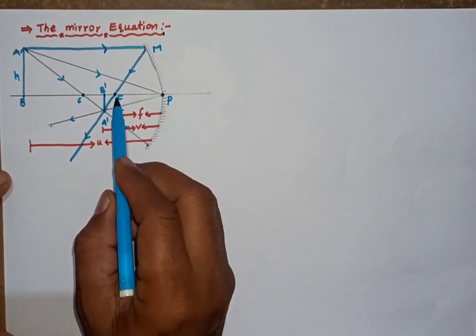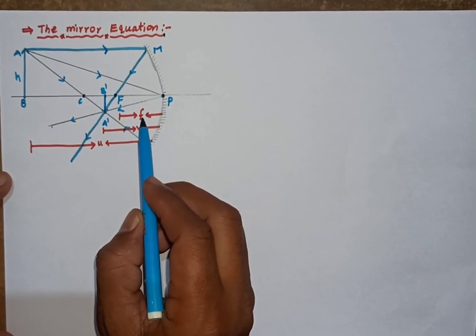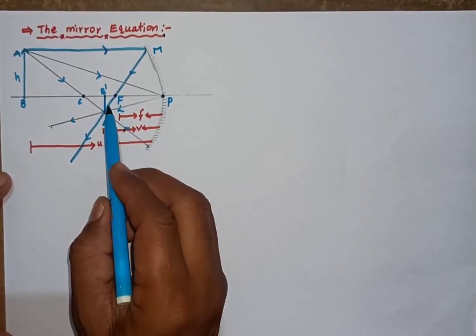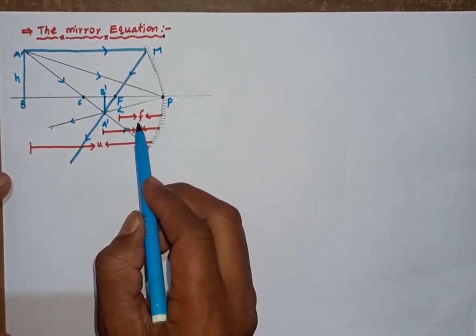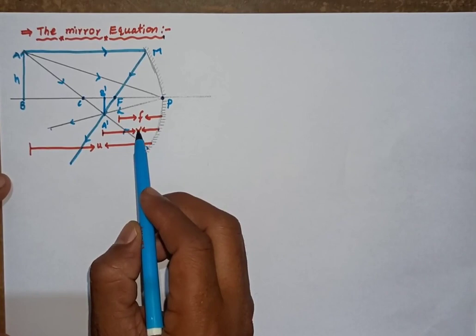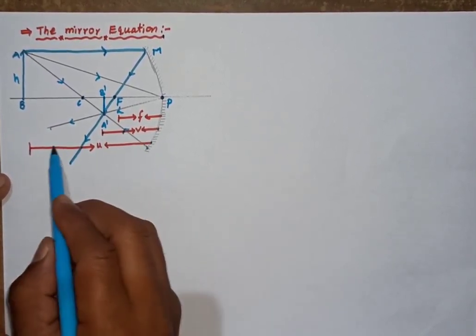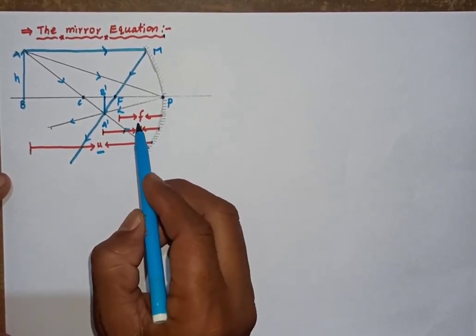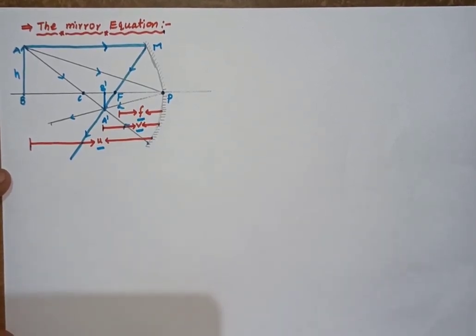The distance between the pole and the principal focus is the focal length F. The distance between the image and the pole is the image distance V, and the distance between the object and the pole is the object distance U.